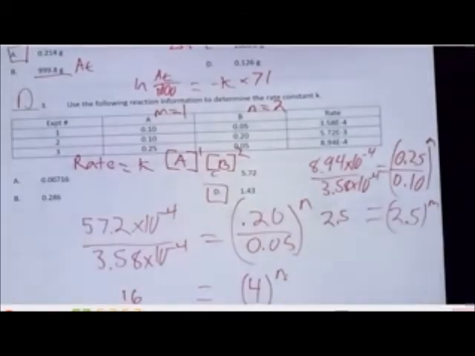I'm looking like D, but I'm going to double check by using experiment 2. So 5.72 times 10 to the negative 3 divided by 0.1 divided by 0.2 squared, 1.43. So it seems to work.